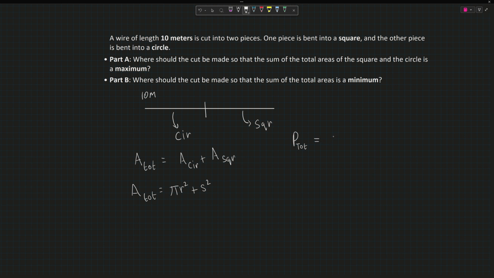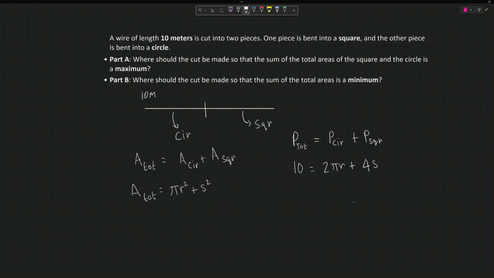The total perimeter is the perimeter of the circle, or the circumference, plus the perimeter of the square. And the total perimeter that could be achieved is 10 meters. So 10 equals 2 pi r plus 4s.